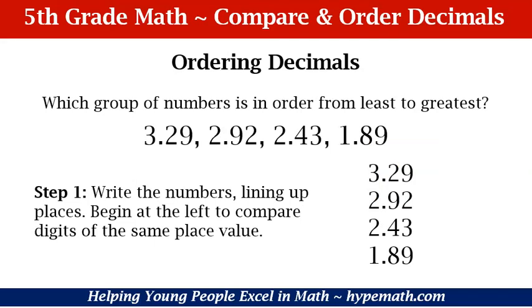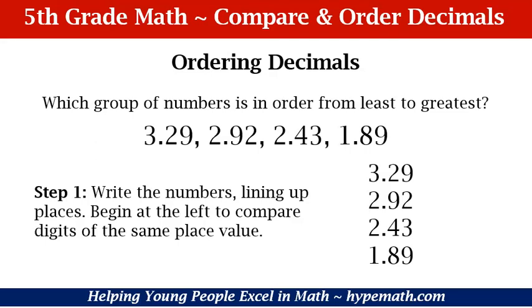Let's look at ordering decimals. We're going to look at the list of numbers, and we want to order the numbers from least to greatest, okay? Going back to our step 1, we said we need to write down the numbers and line up the places. We also know that we need to make sure that the decimal point matches the same for all of the numbers.